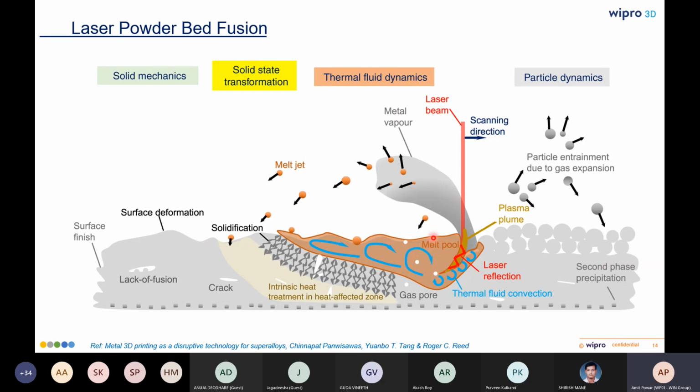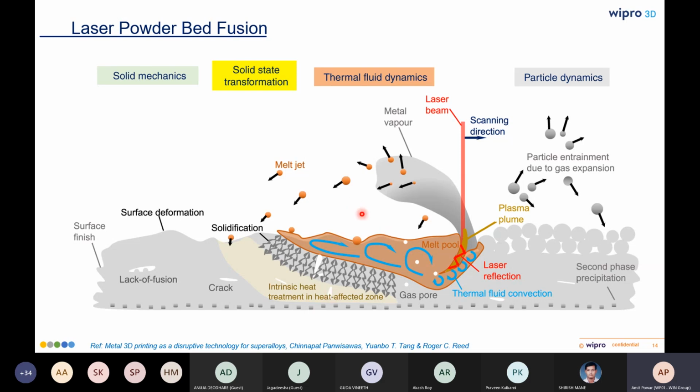While interacting with the powder, some of the powder also flies away because of this interaction. The powder particles coming out of the melt pool, we call spatter. These spatter particles will flow, and they will settle or disperse onto the powder bed at some other locations.